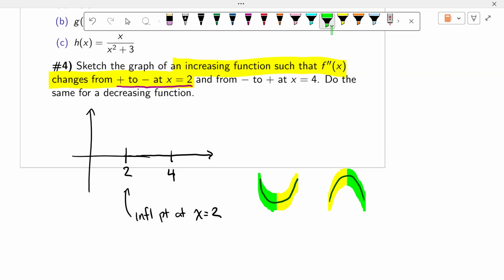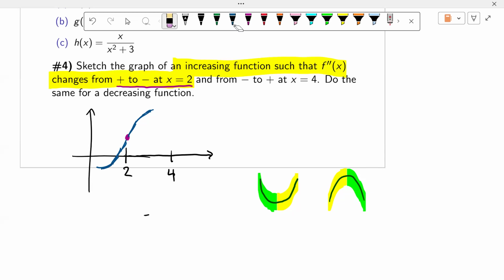And so what I want to do is draw something that is concave up and increasing, and then concave down and increasing. So the general shape will be maybe something like this, where it'll be concave up, up, up, and increasing right there, and when I hit my inflection point, it'll be concave down and increasing. And that's a perfectly fine picture so far.